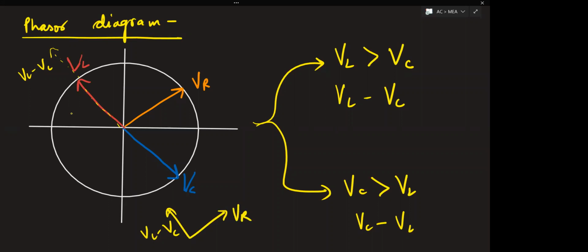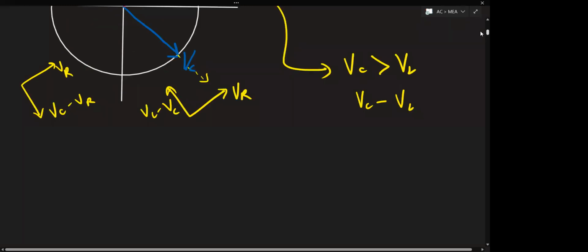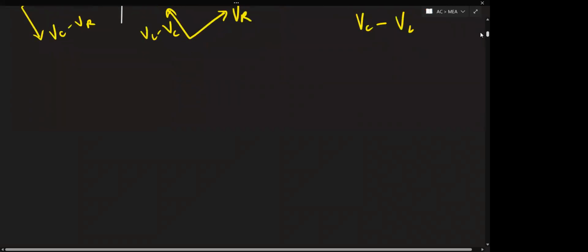If VC is greater, then the resultant will be downwards. This will be VR, and this becomes VC minus VL. This way you will have the result, and you solve it like the parallelogram. Now, before beginning these details, know about these two cases. You have to know about the impedance triangle.